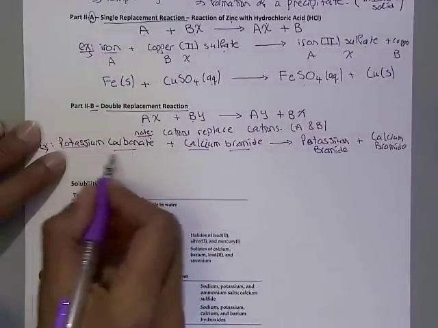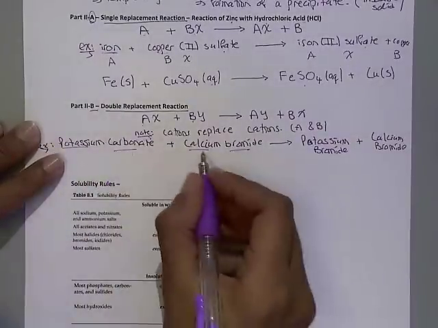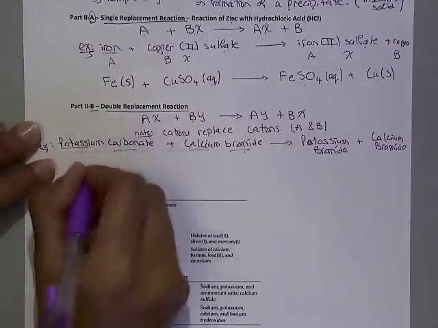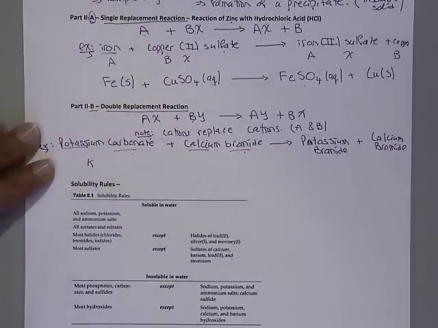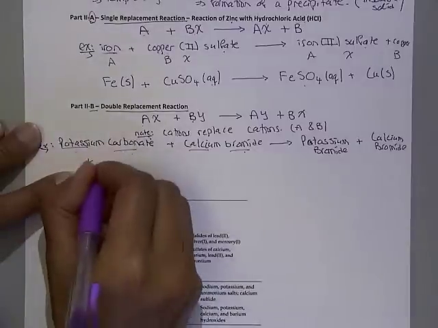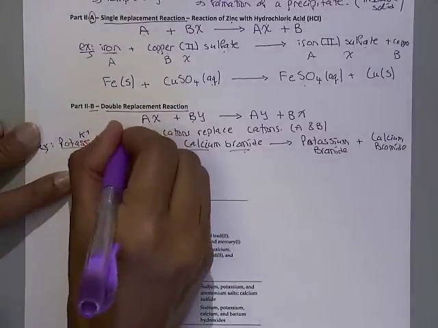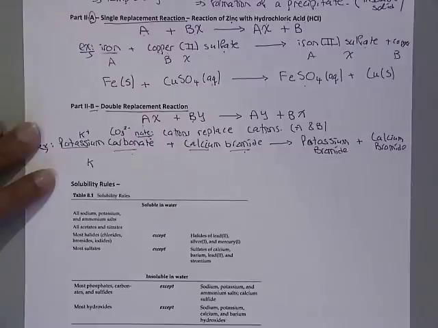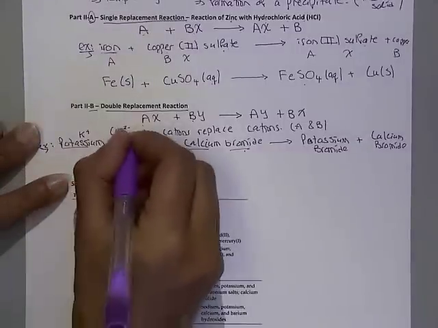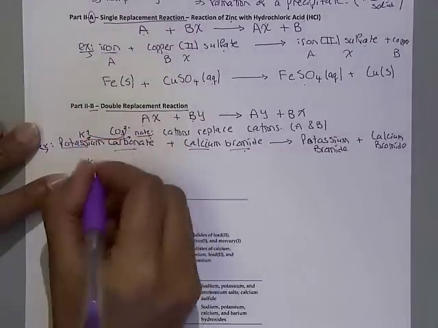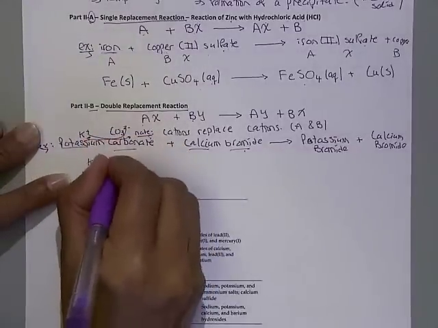So let's pretend we're in lab for a second. This is a solution, it's completely transparent, and this is a solution, it's completely transparent. So when I write my actual chemical reaction using chemical formulas, potassium, remember, is K plus, carbonate is CO3 2 minus. So when I write my chemical formula, my 2 swaps, my 1 swaps, so I get K2CO3.